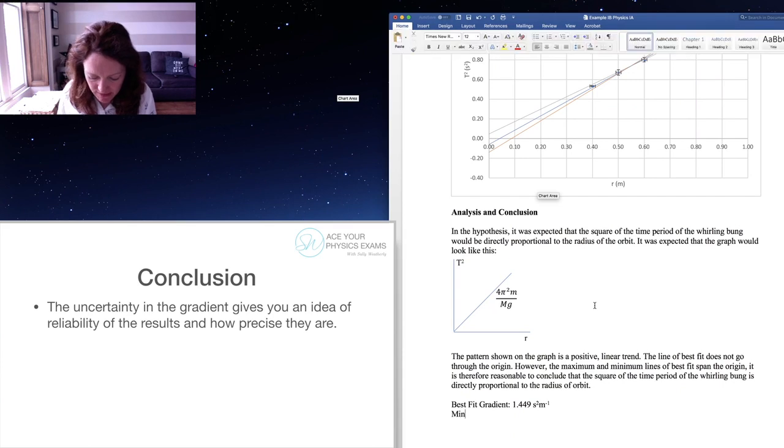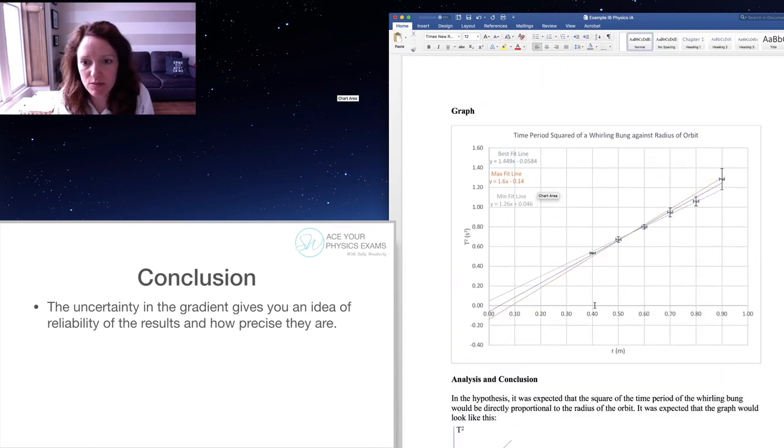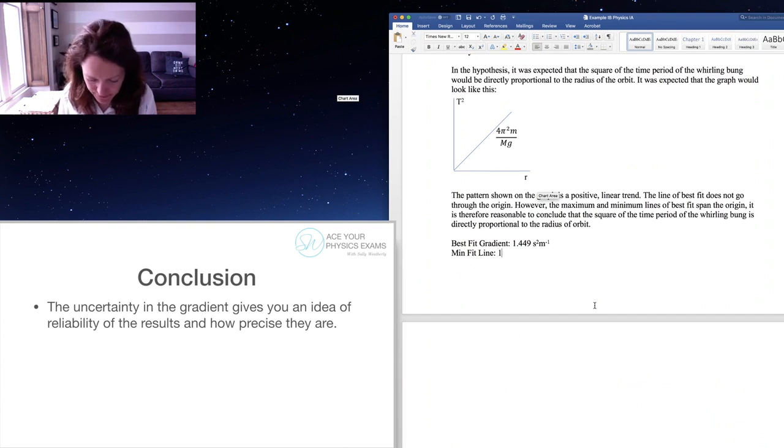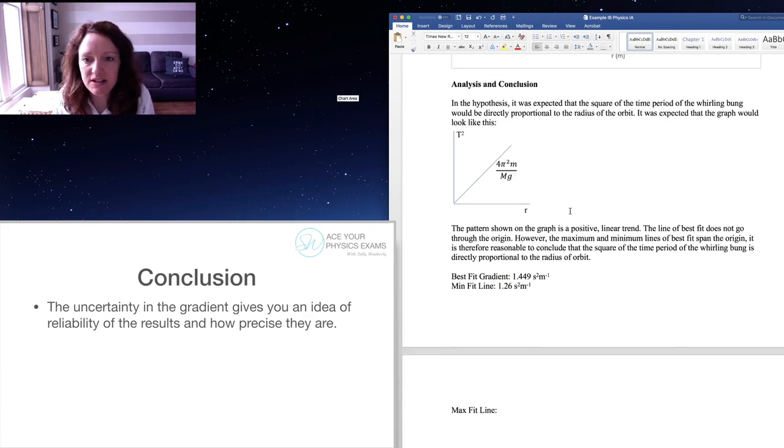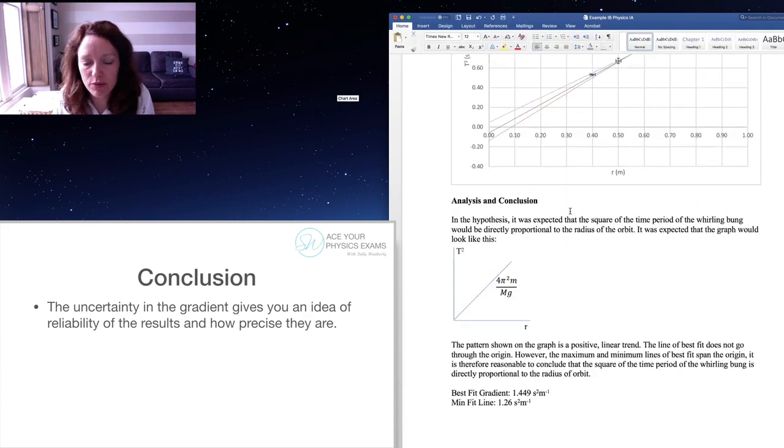The minimum fit line, the gradient value is 1.26. I'll just copy the units from there. And the maximum fit line is equal to 1.6.